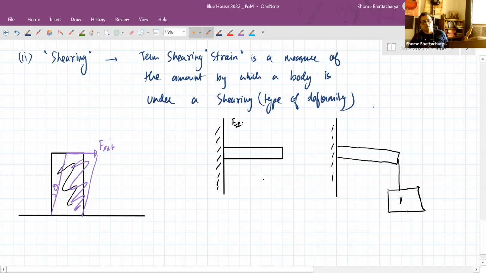Put some weight over here. So you can see that this is called the shearing strain. So shearing is defined as a bending from natural shape.